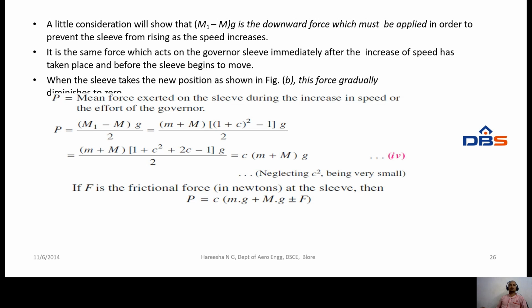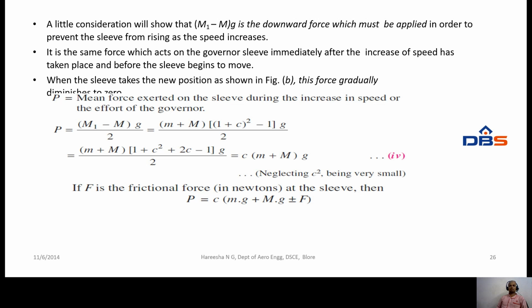So finally, for 2 marks, it is very important to note the sensitiveness of the governor, hunting of the governor, isochronous governor, and the effort and power of the governor. So in these, importantly we have to study what a governor is, classification of governors, sensitiveness of the governor, and isochronous governor.